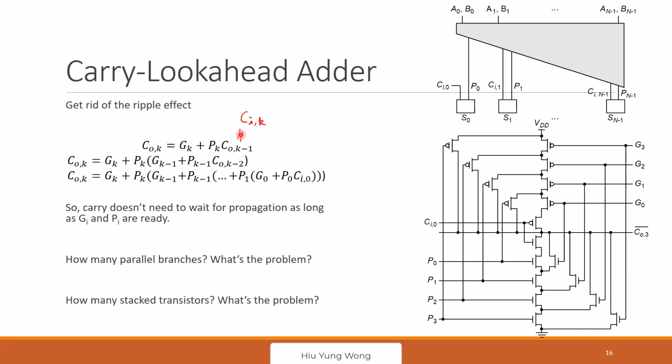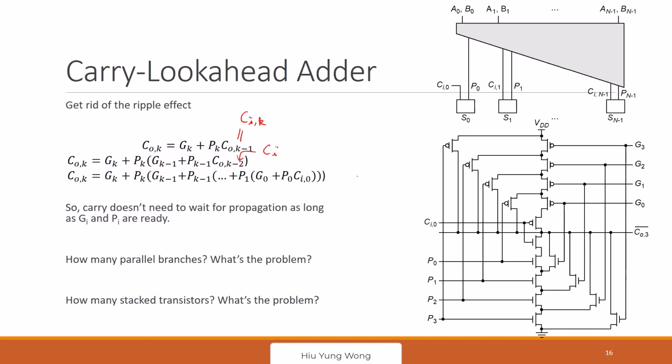So I can continue. The carry out of the kth bit equals the generation of the kth bit plus the propagate. Now I substitute, because the carry out of the k minus 1 bit is just the generate of the k minus 1 bit plus the propagate of the k minus 1 bit times the input of the k minus 1 bit, or the output of the k minus 2. Again, what is this?